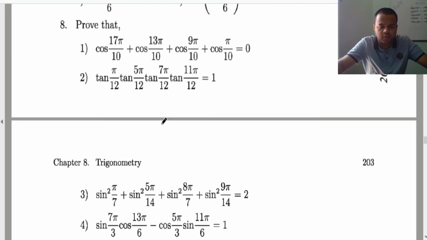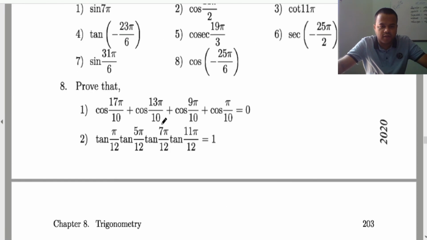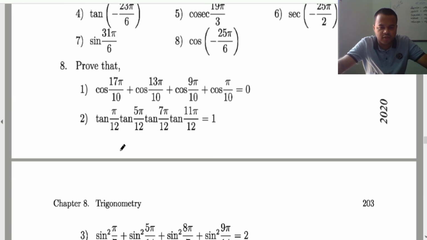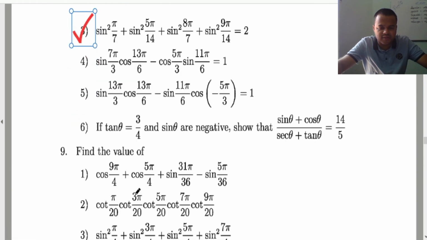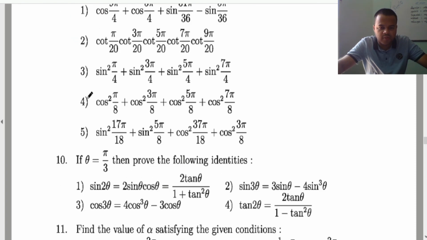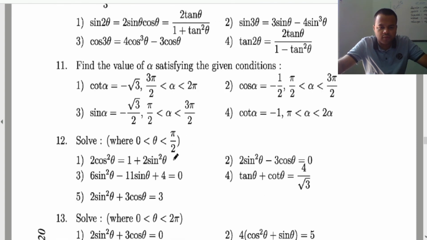Here number 8, you have to complete this, and from number 9 you have to complete this one, and this one. From number 11 you have to complete all four.